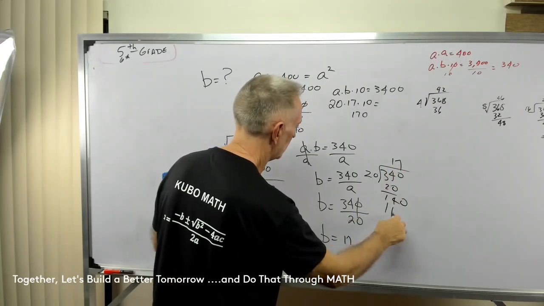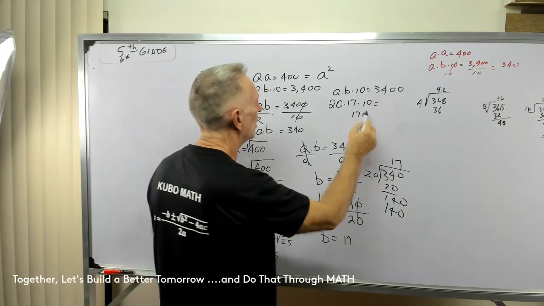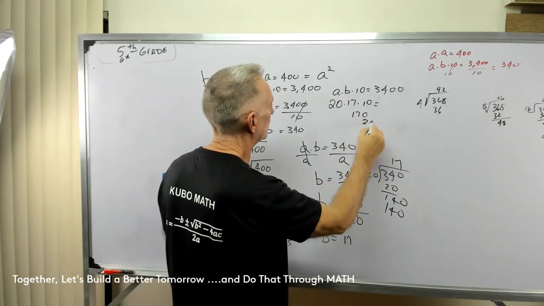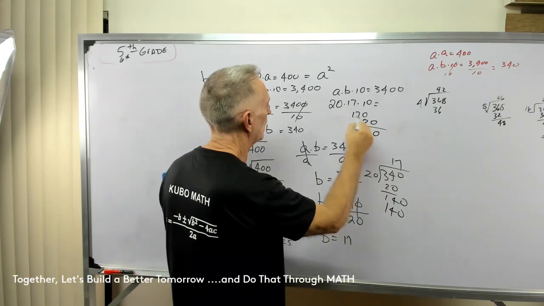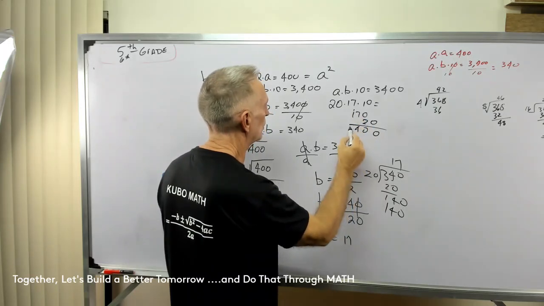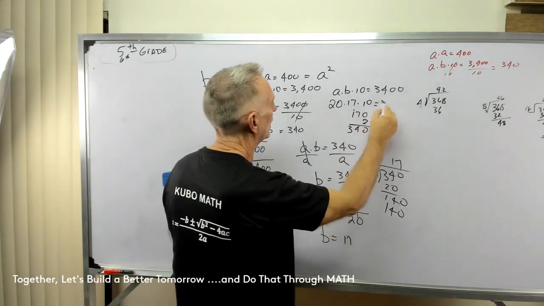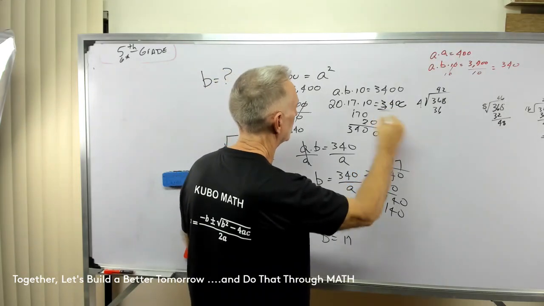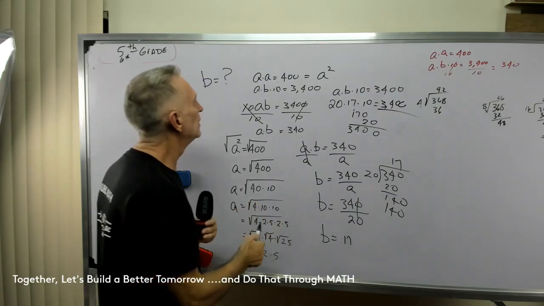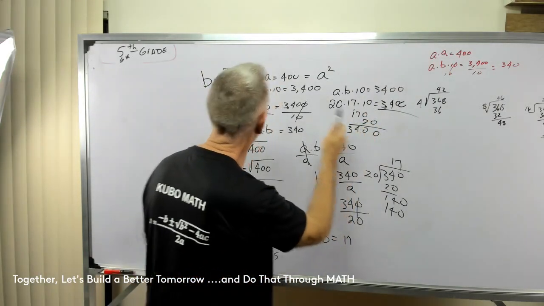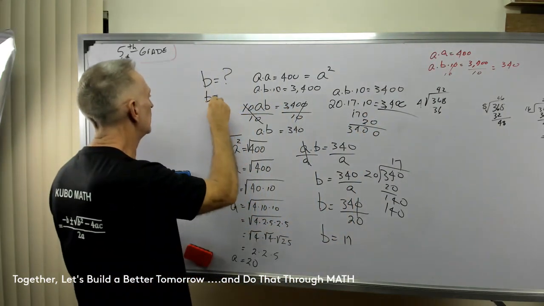All right, I thought I'd messed up there. 20 times 17 is 340, and that equals 3,400. Now, so what was B? B is 17.